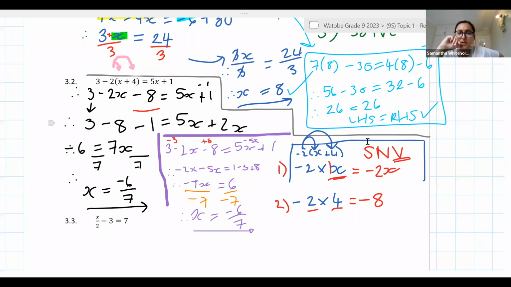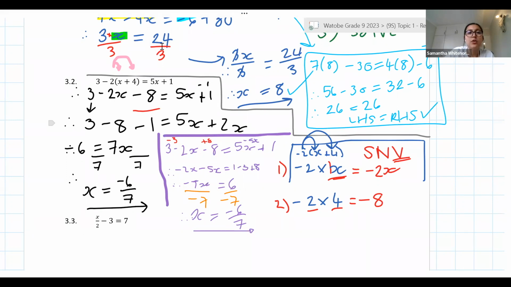How do we get 3 to go to that side, and also get negative 8 to go to that side?